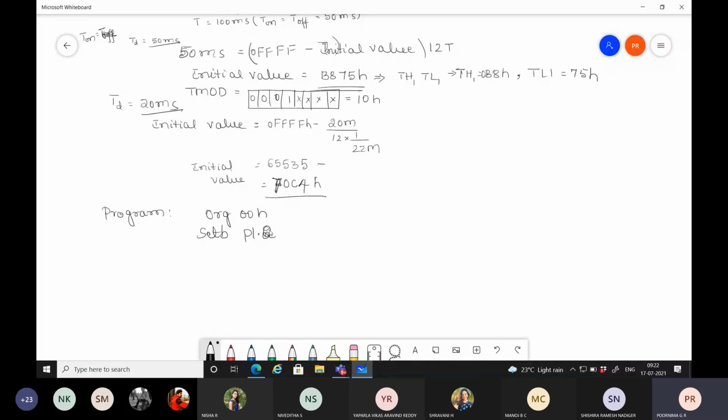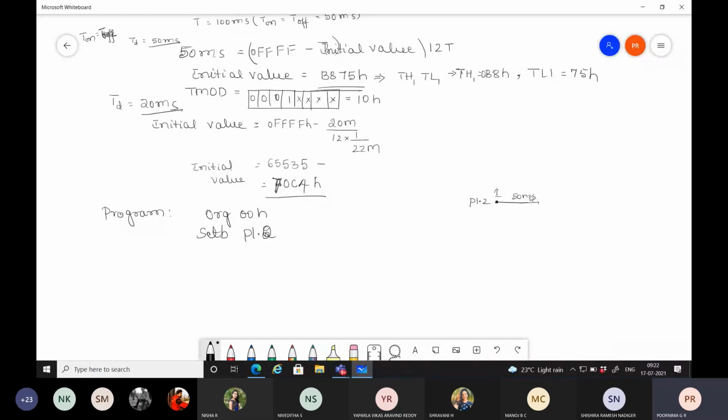Okay, P1.2 I have set, so you can see the high value here at port 1.2. Initially at time t equal to 0, P1.2 has been set with a high value, but that has to be retained for how much duration? It has to be retained for 50 milliseconds.